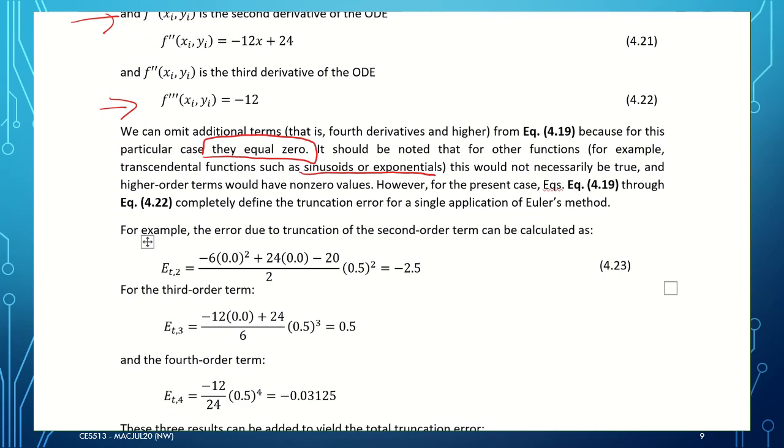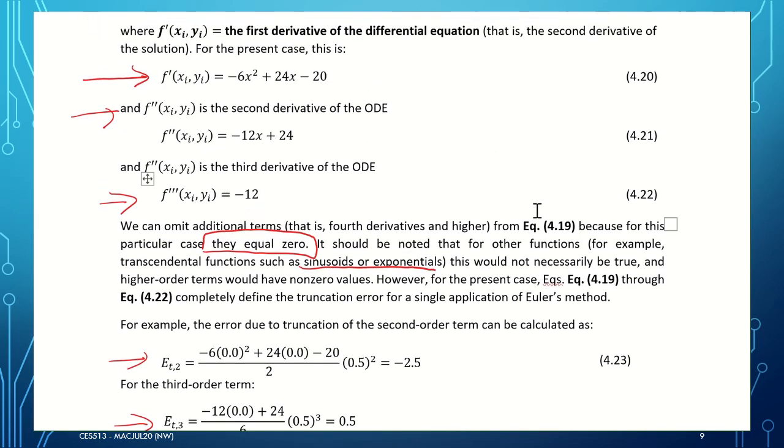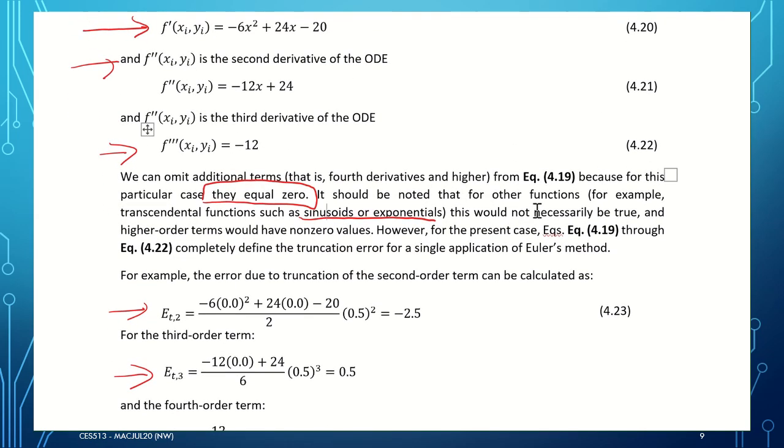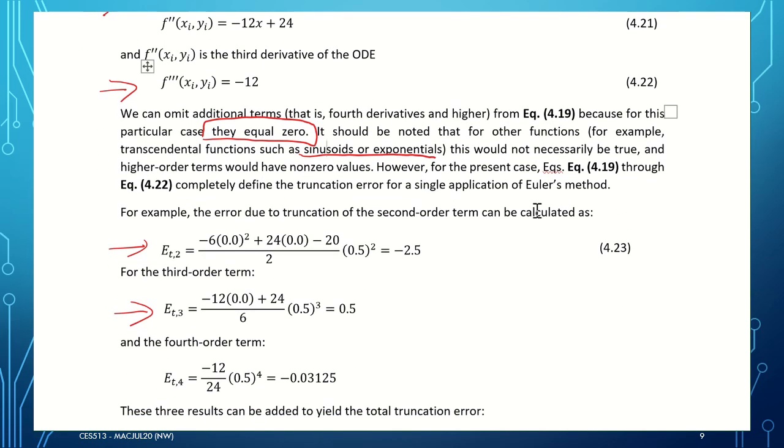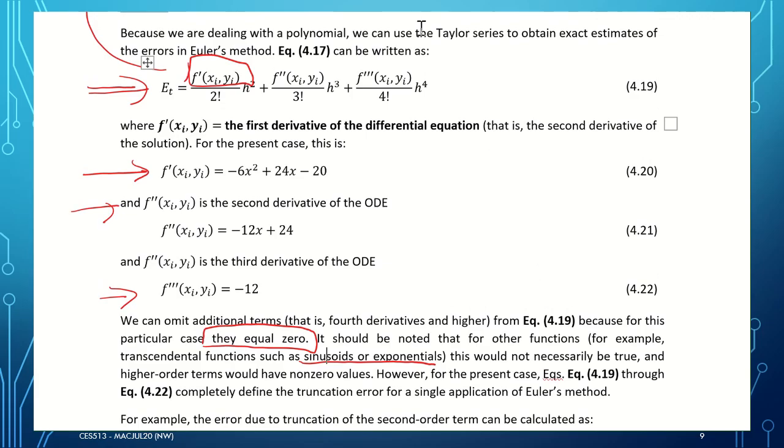For example, the error due to truncation of the second-order term can be calculated as this. And then for the third-order term, using the above equation, negative 12x plus 24 divided by 6. And for the fourth-order term, using this equation. So we are considering these three equations from here.